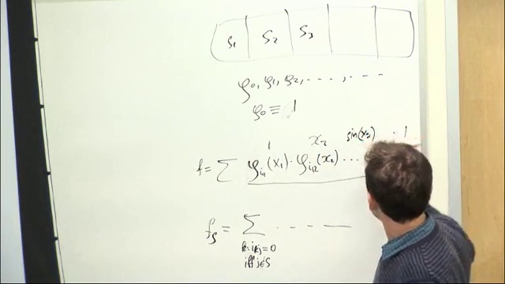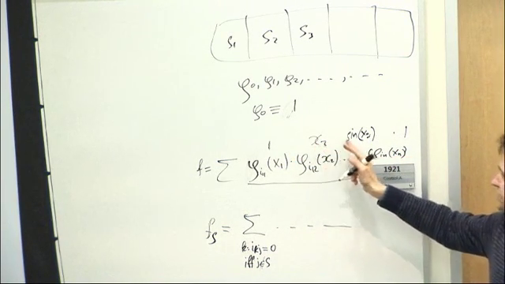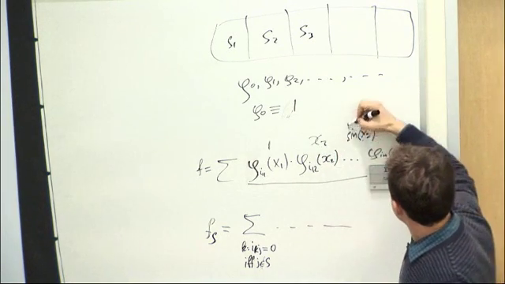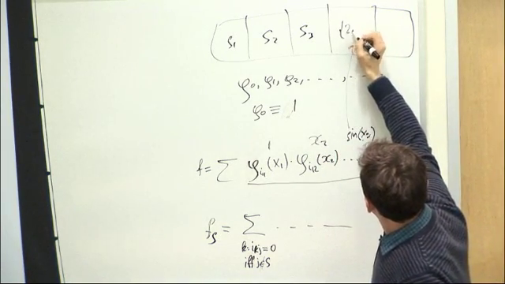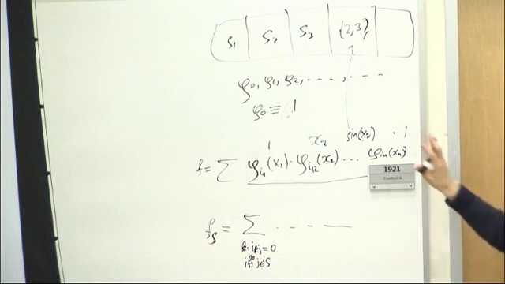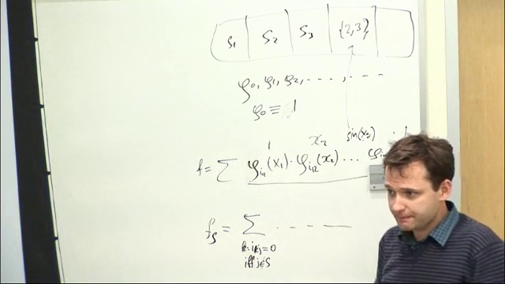And this is again 1, then this term depends only on x2 and x3 non-trivially. So we put it in the cell corresponding to the set 2 and 3. And this is how we get this decomposition. This is another explanation.